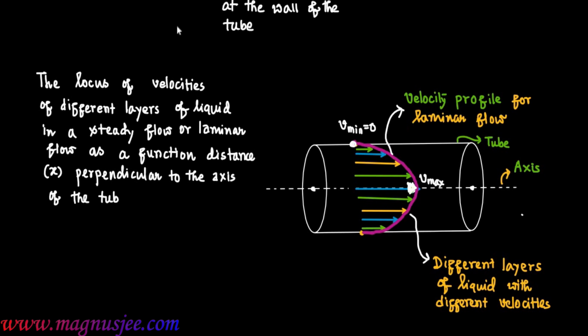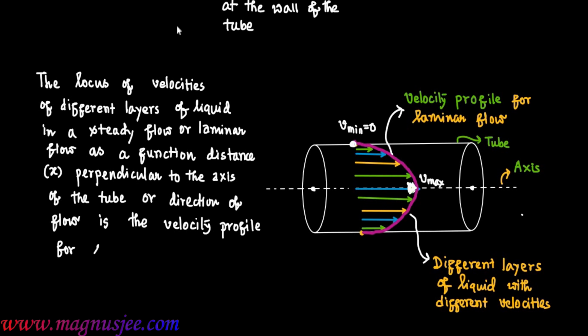The locus of velocities of different layers of liquid in a steady flow as a function of distance perpendicular to the direction of flow is the velocity profile for the steady flow or laminar flow of liquid.